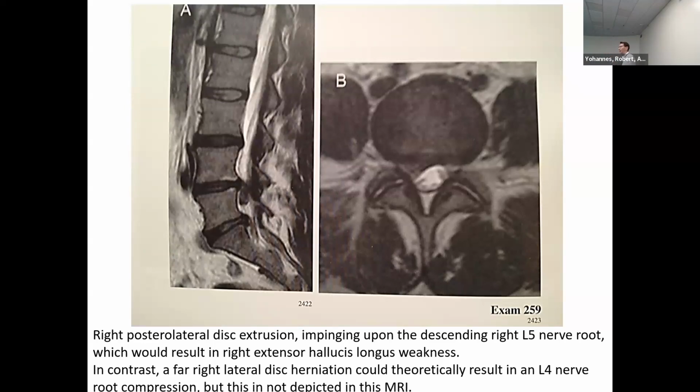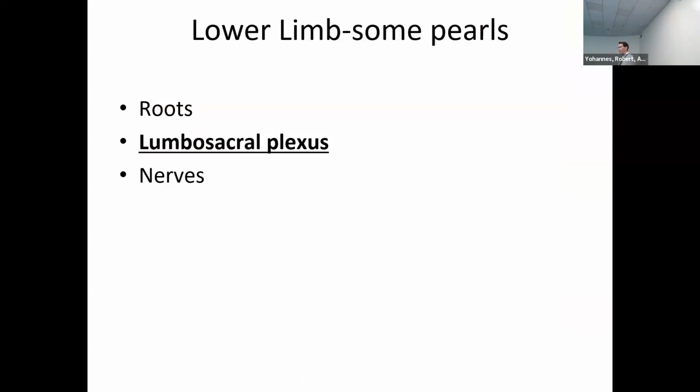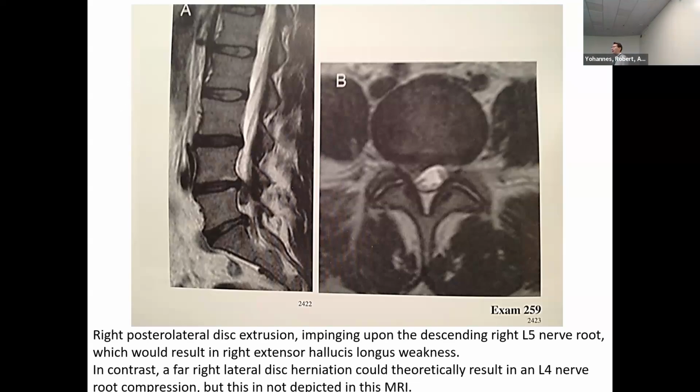And the question is, what do you tell the surgeon? The patient has a dropped foot. Now, in a moment, we'll see that L5 impingement can cause a dropped foot. Right? So the question is, where is it impinged? Now, if you look only at this image, you can't really tell, right?